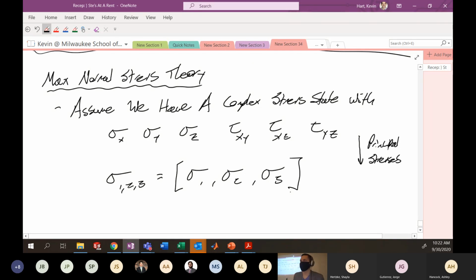The maximum normal stress criteria says that if any of these 3 principal stresses exceed the yield stress of the material, you fail.